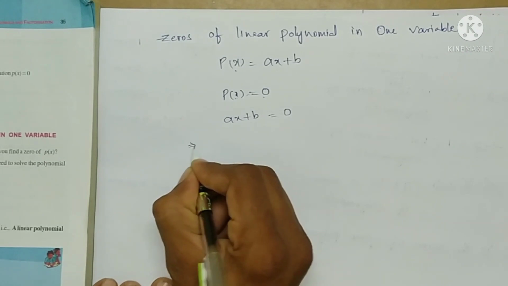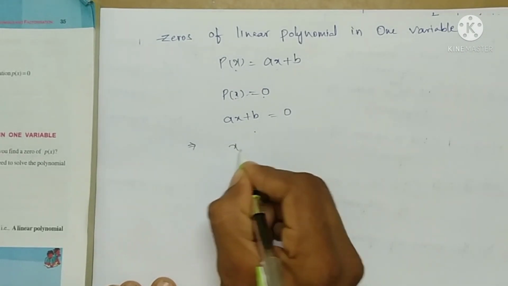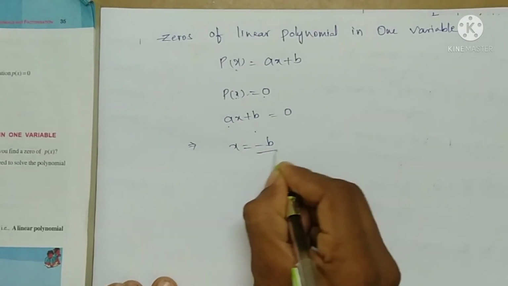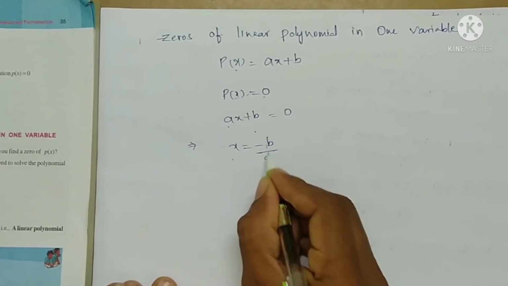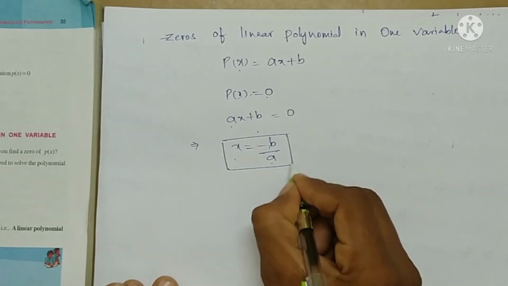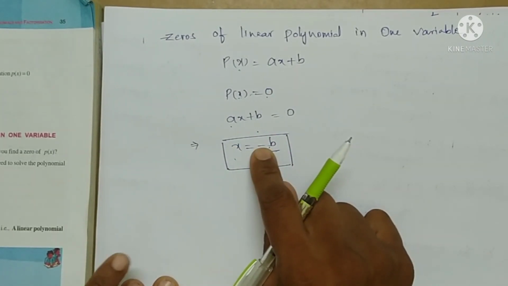So ax equals minus b, transposing, x equals minus b divided by a. So x equals minus b by a. This is the formula for the zero of a linear polynomial in one variable.